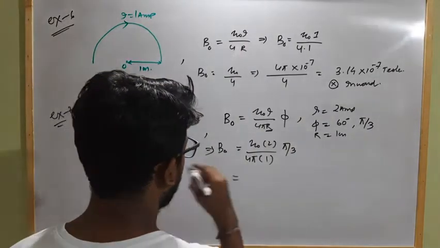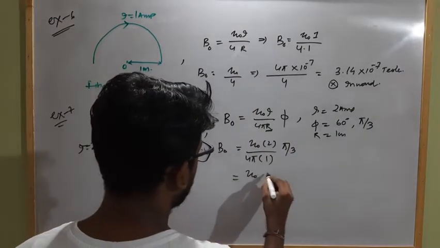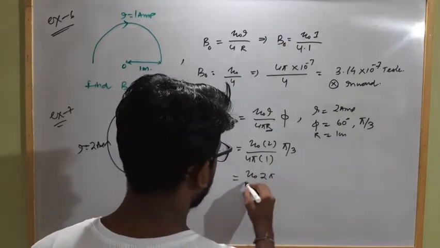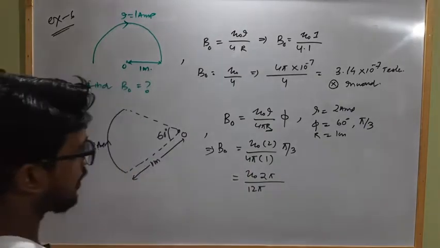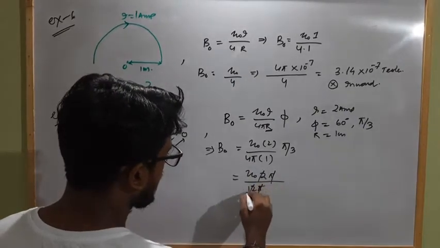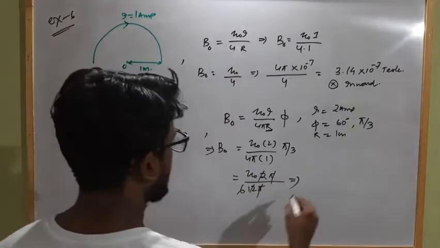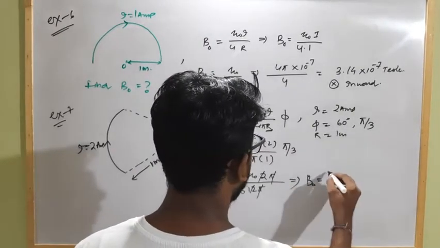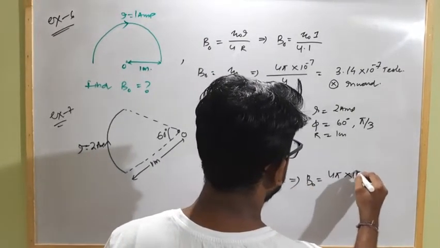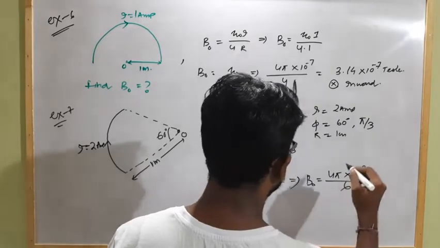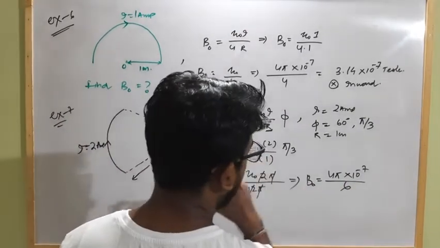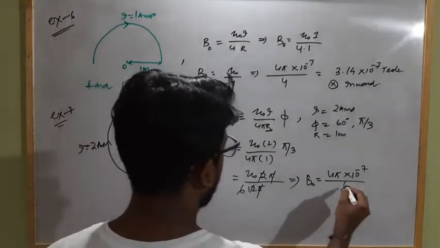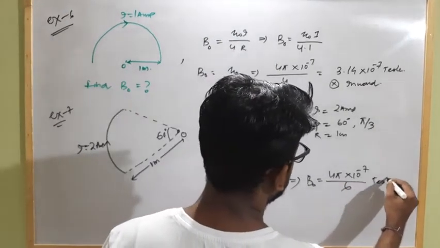So this will be mu naught into 2 pi by 12 pi. Clear? So pi cancels, this will be 6. So B naught equal to, what is the value of mu naught? 4 pi into 10 to the minus 7 divided by 6 Tesla.